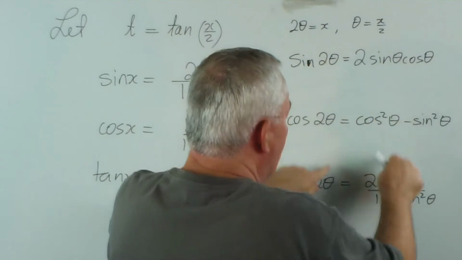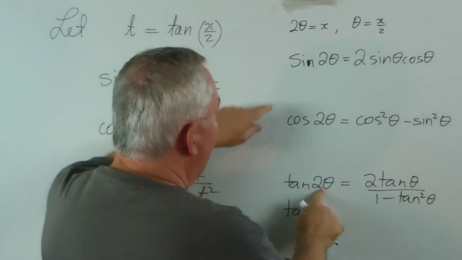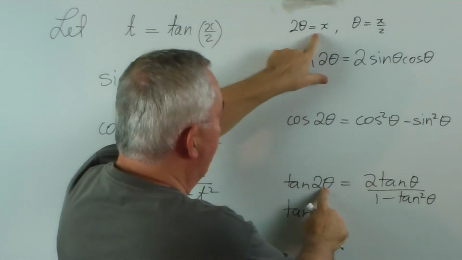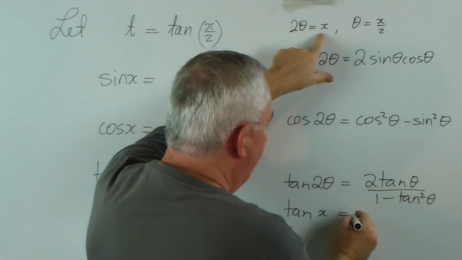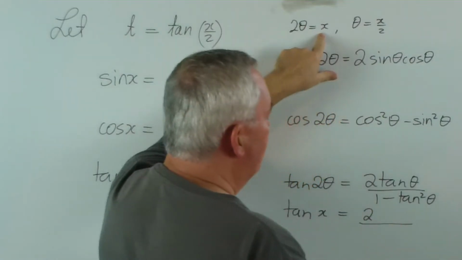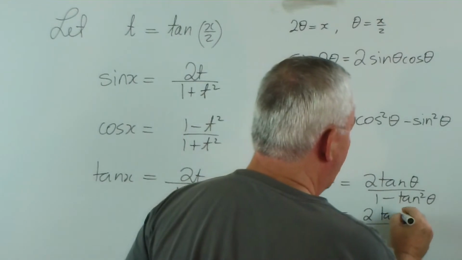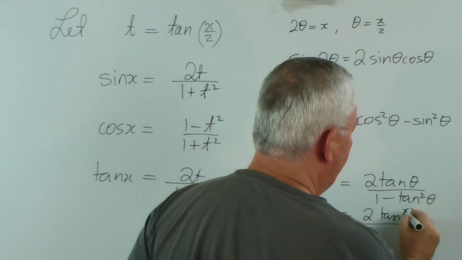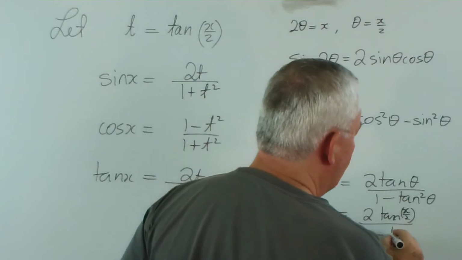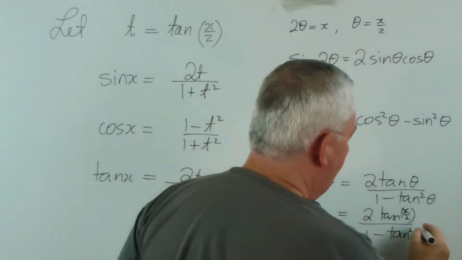And making these replacements in here, we would simply get the tangent of, instead of 2 theta, we write x. And over on this side, we will write 2, and instead of tan theta, we would now have tan of x on 2 over 1 minus tan squared. And instead of theta, I have x on 2.